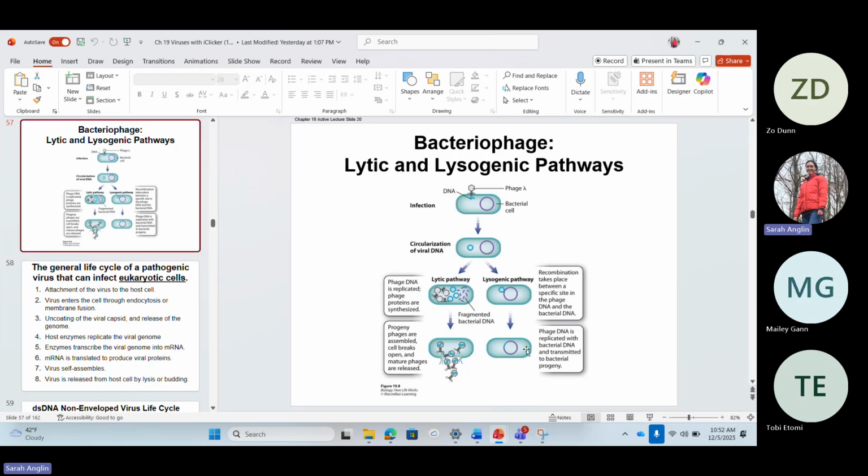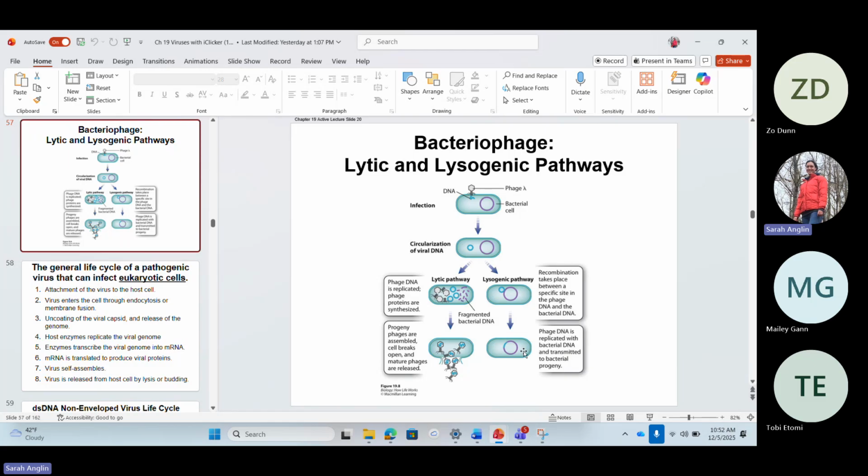But by being dormant like this, every time this bacterial cell goes through binary fission and creates daughter cells, all of the progeny produced by this bacterial cell also have a copy of the viral genome in them. So this ends up in a situation where there are lots of bacterial cells that have the viral genome in them.